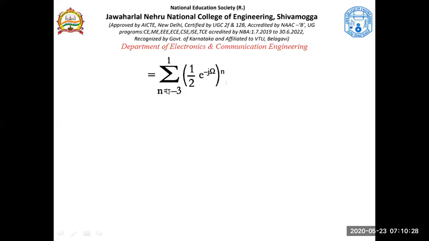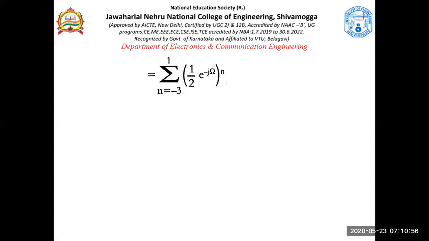That means it's as good as adding plus 3 to this equation here. So it's n plus 3 equal to minus 3 plus 3. Here if it is infinity, we could have neglected this part, but this is 1, so it would be 1 plus 3. This is something one needs to take care of.